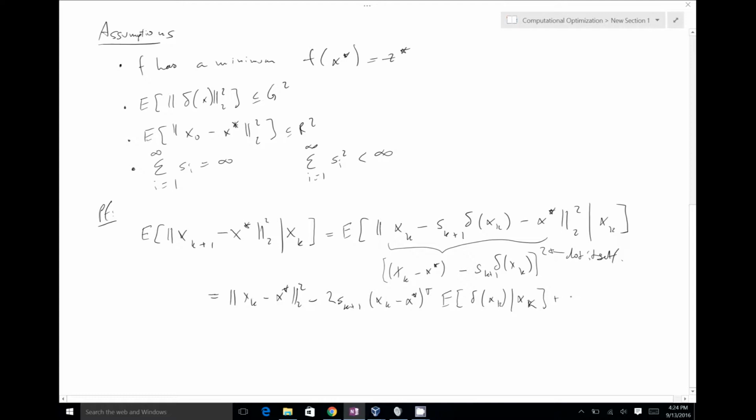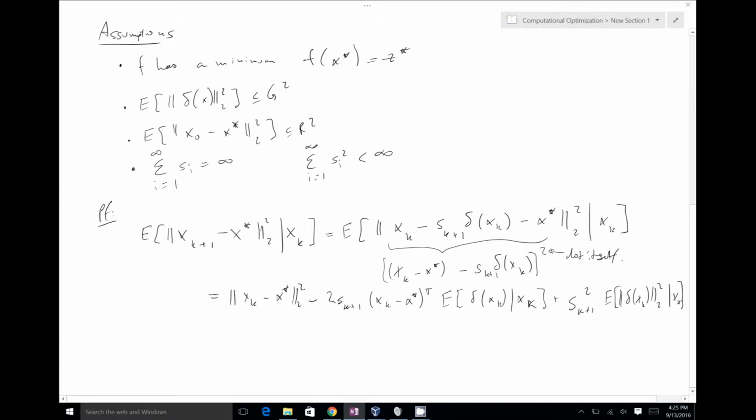So here I have plus s_{k+1} squared times the expectation, but now I have the subgradient squared given xk. Right? So I hope you are all okay with that last term.